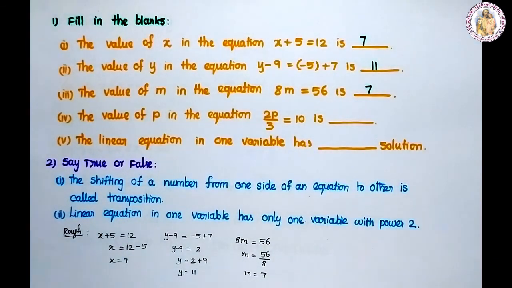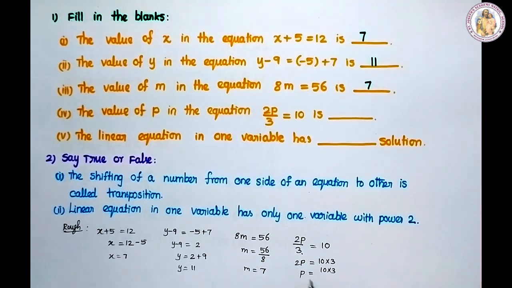Next one, the value of p in the equation 2p by 3 equal to 10. Listen here, 3 is in division. Bring this side, it becomes multiplication. So 2p equal to 10 into 3. Again, here 2 is in multiplication, so it becomes division.